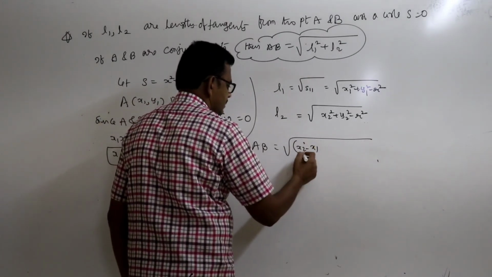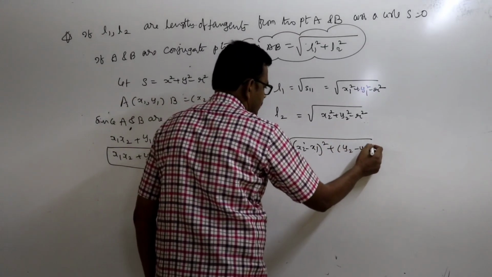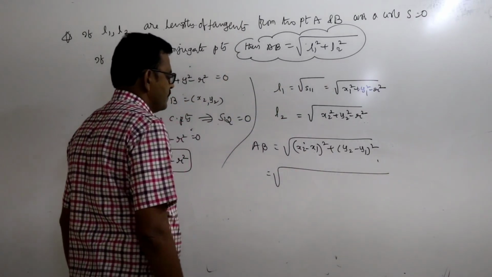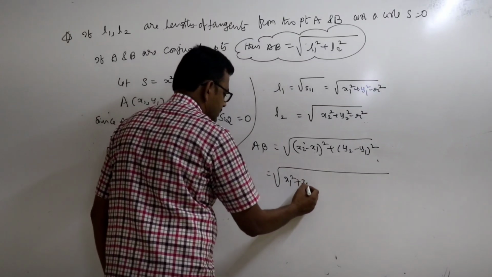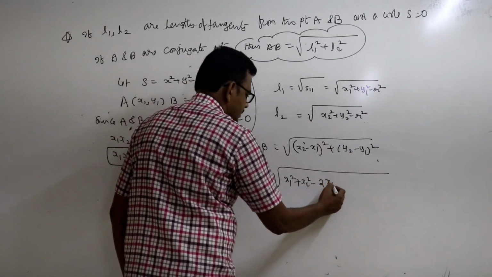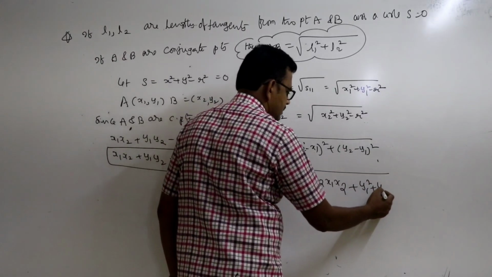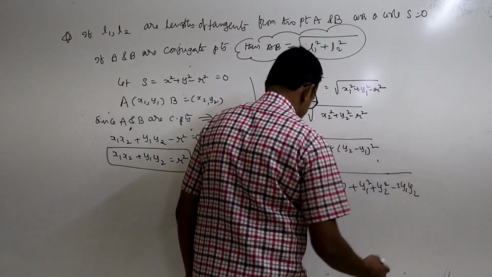x2 minus x1 whole square plus y2 minus y1 whole square. That is equal to square root of x1 square plus x2 square minus 2x1 x2 plus y1 square plus y2 square minus 2y1 y2.